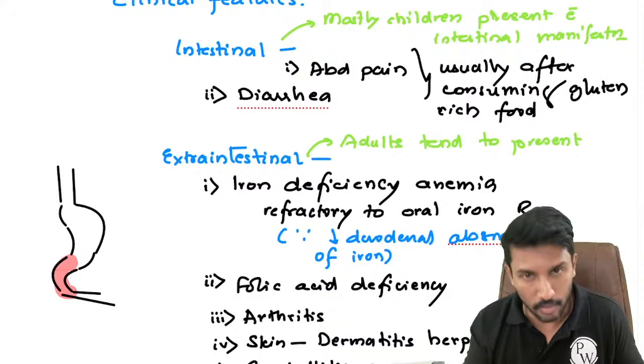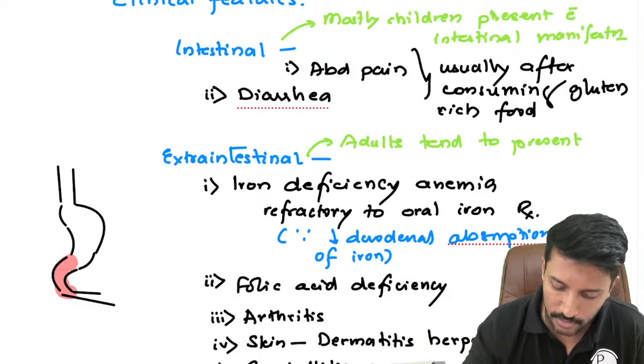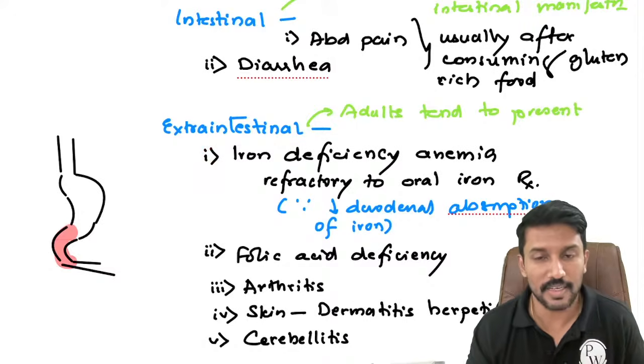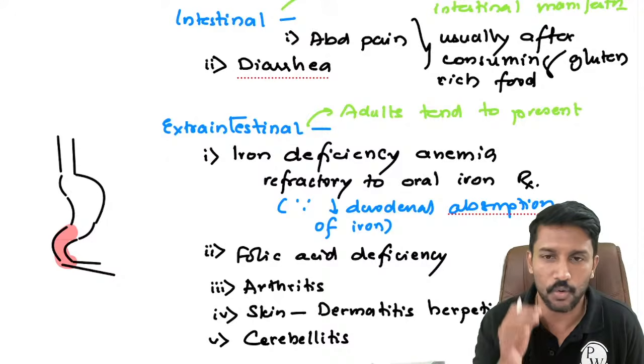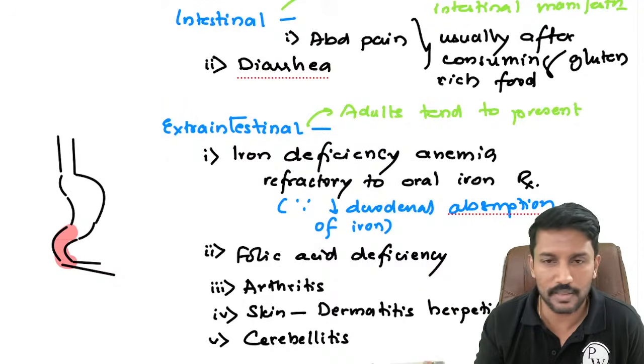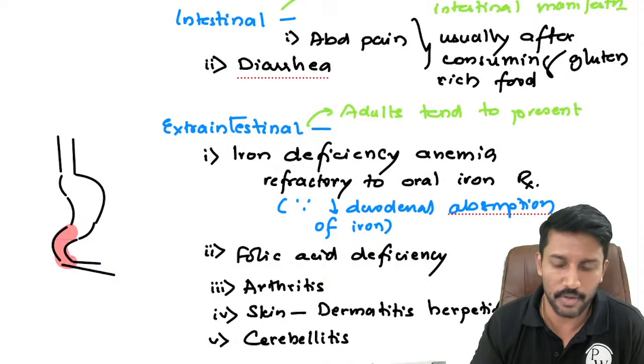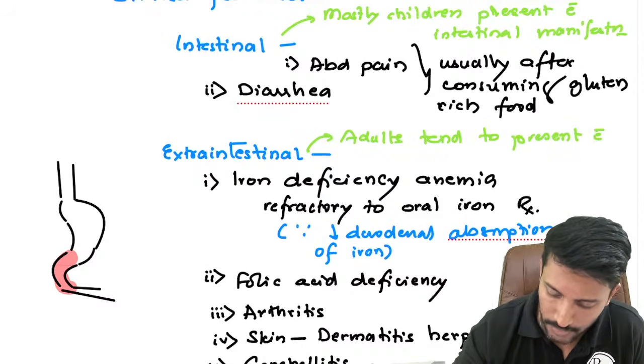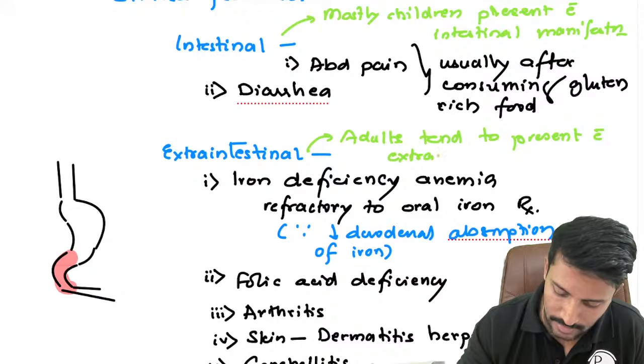They tend to present with all these symptoms. In fact, I have diagnosed plenty of celiac disease patients because their iron deficiency anemia was not responding to oral iron therapy, and once we started parenteral iron, it started responding like anything. So adults tend to present with extraintestinal manifestations.